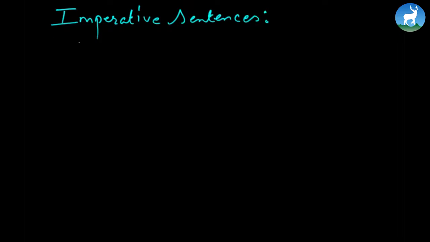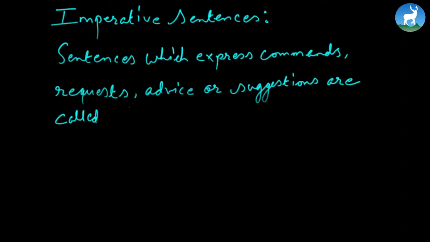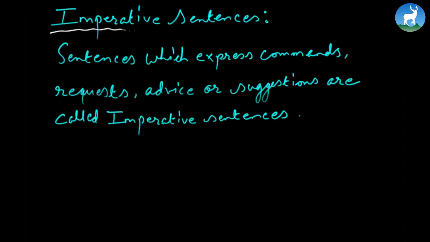Sentences which express commands, requests, advice, or suggestions are called imperative sentences. Look at the definition here: sentences which express commands, meaning which give commands, which request or advise somebody, or suggestions are called imperative sentences.